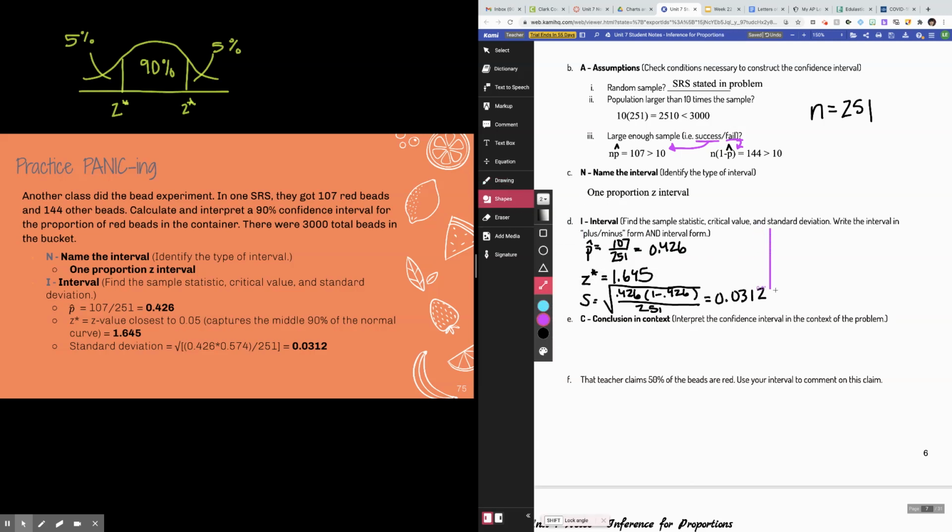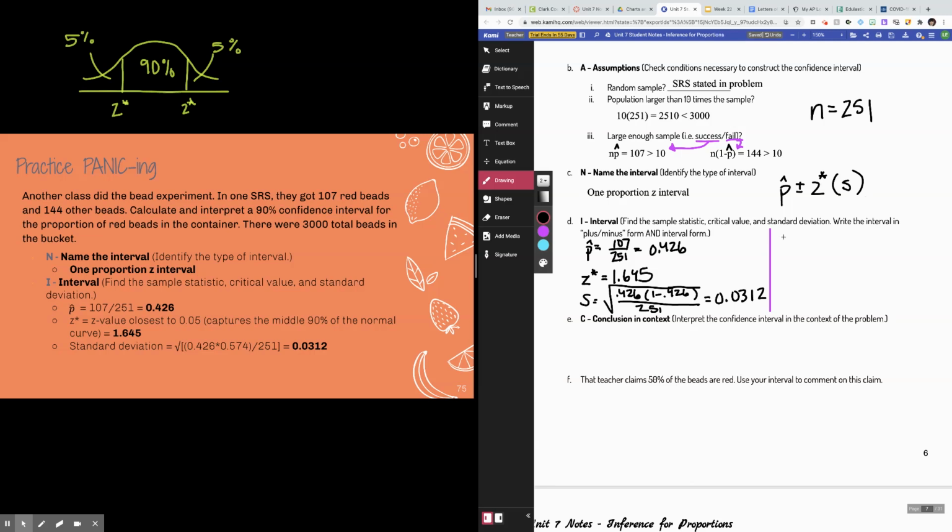Now we're going to take all of that information and put it together into an actual interval. What you're constructing is P hat plus or minus Z star times the standard deviation.